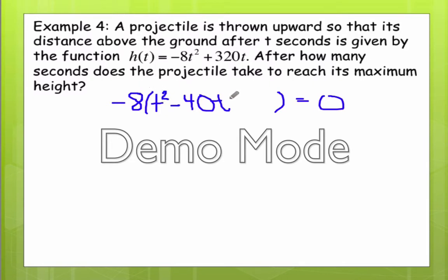So now I have to add something to complete the square here. So take 40 and half it and square it. Half of 40 is 20. And 20 squared is 400. So add 400 to both sides. And let's just double check that to make sure.